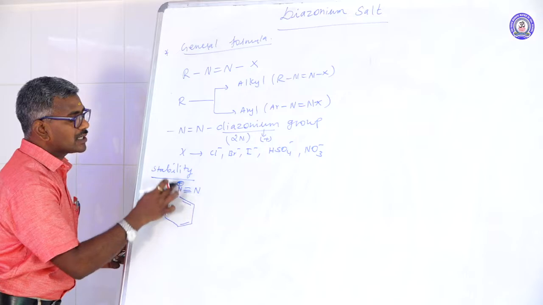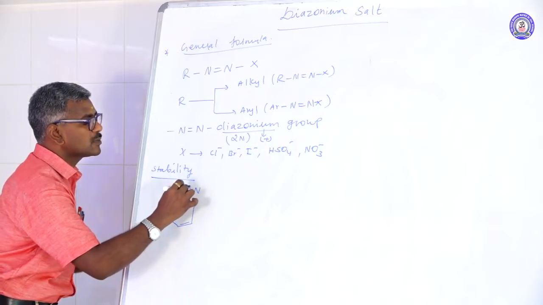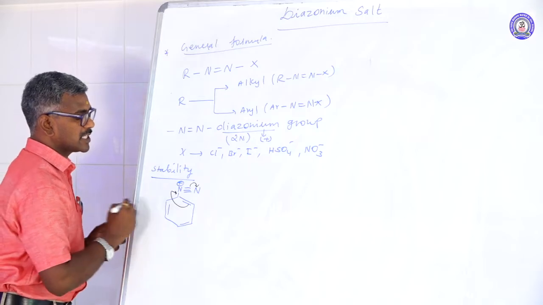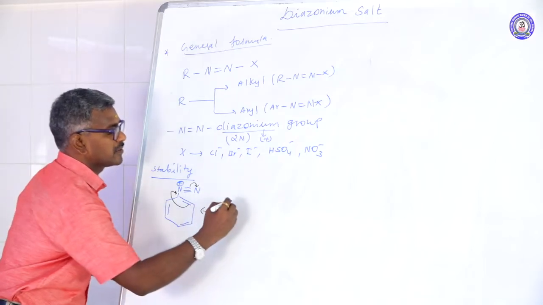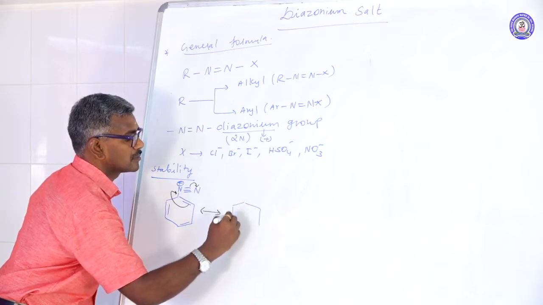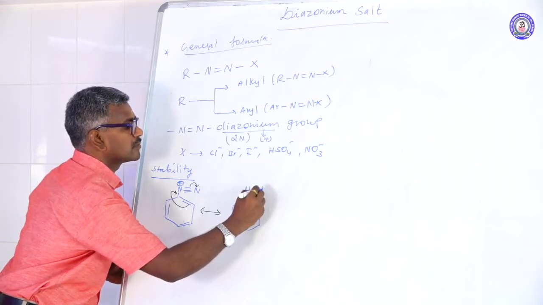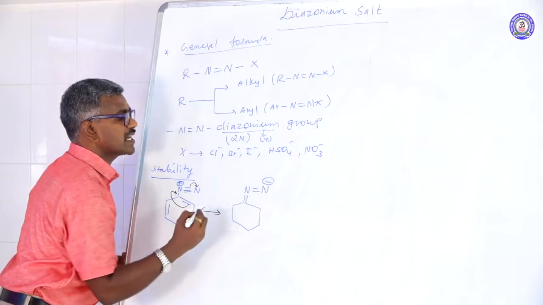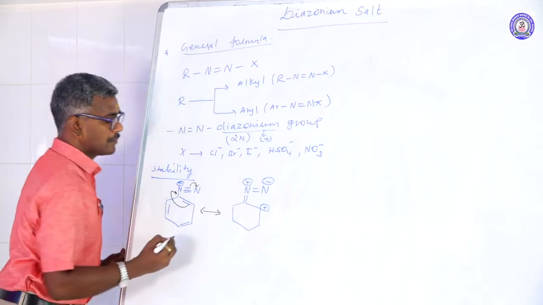This group is an electron withdrawing group, withdrawing electron density from the benzene ring. This bond is separated. This becomes the nitrogen which carries the negative charge, this one which carries the positive charge, and the benzene ring which carries the positive charge.